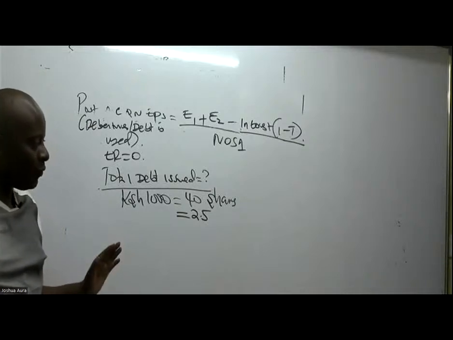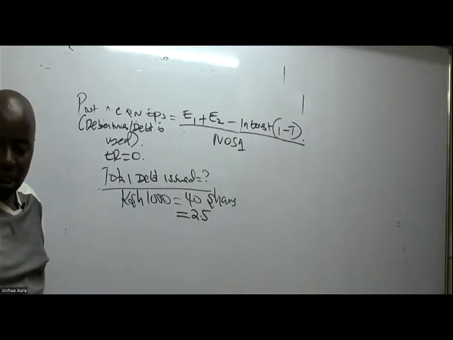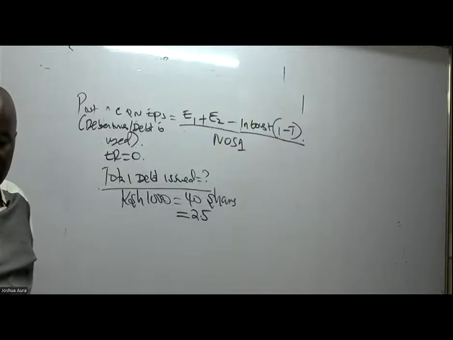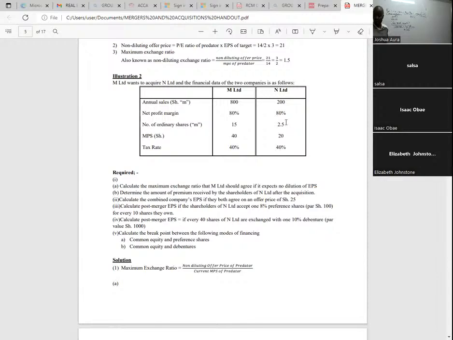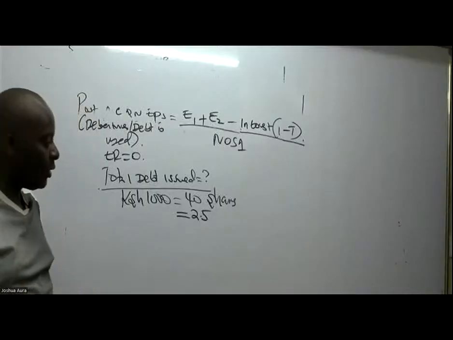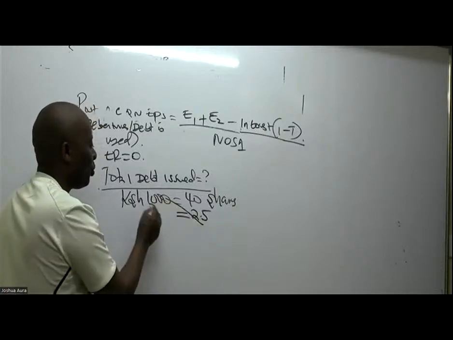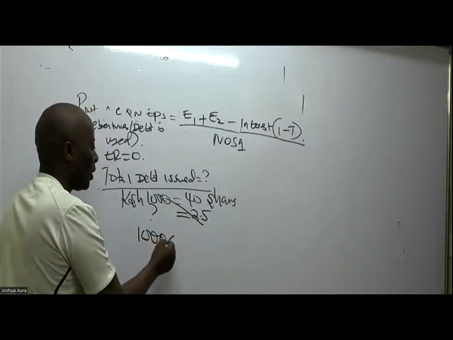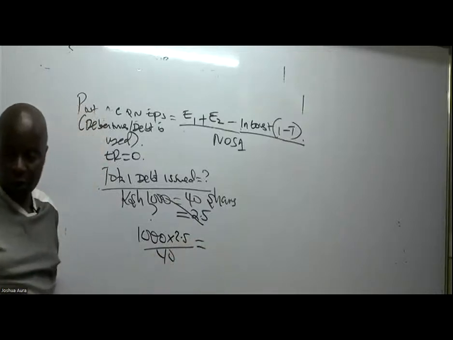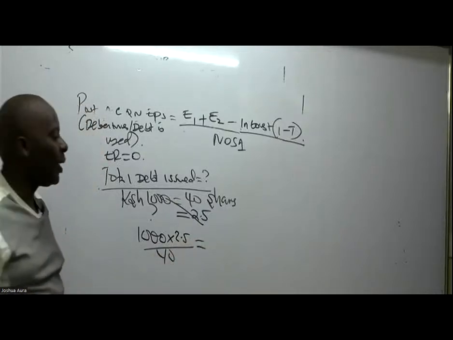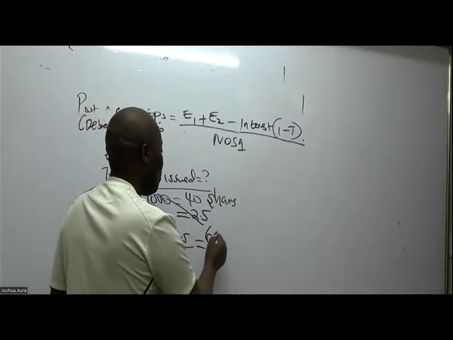So 2.5 is the number of shares of company two which you are acquiring. If you cross multiply, you get 1,000 times 2.5 over 40, which gives 62.5 million.